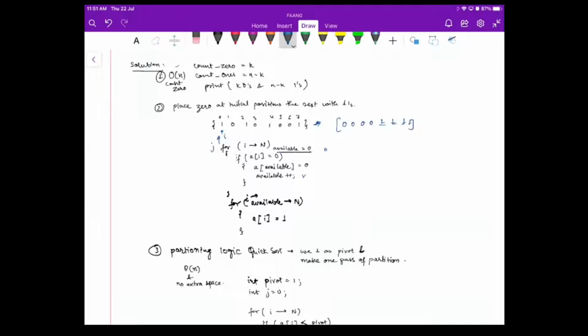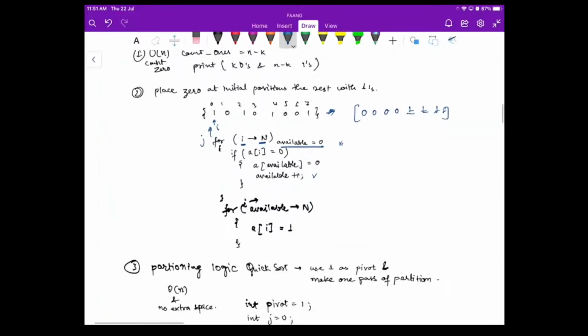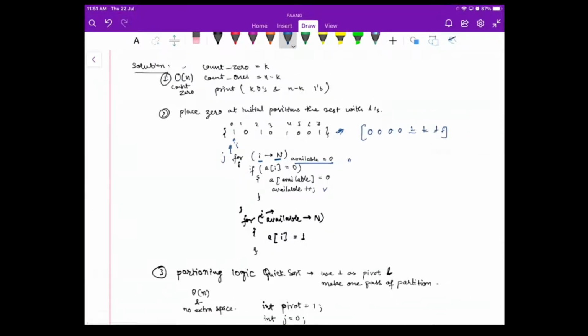We have taken a constant j, or available, anything you can take. I iterates from 0 to n, and if A[i] equals 0, then we take this available position, give it the value of 0, and increment the available position by 1.